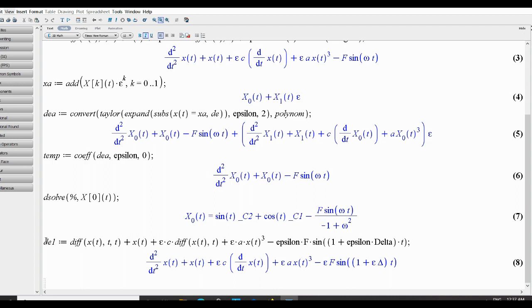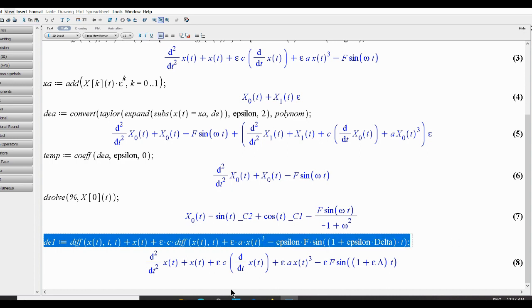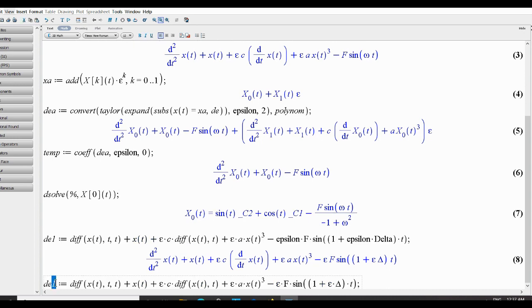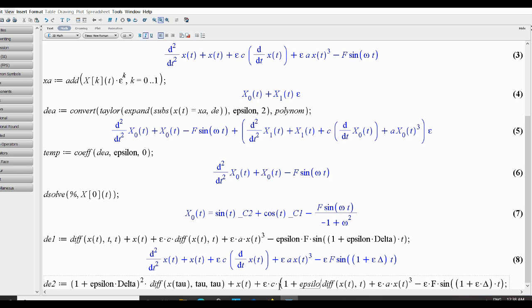So here we will come here and we will rewrite this like this, with 1 plus epsilon times delta squared times, and then 1 plus epsilon times delta times, with tau in each of these.